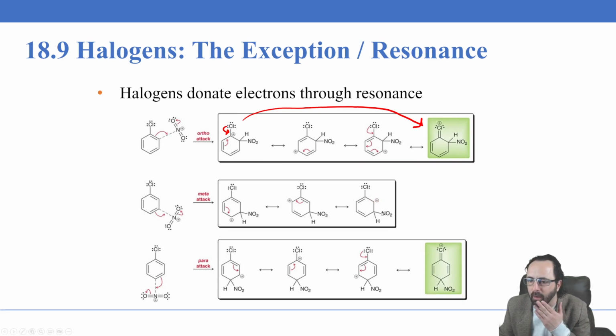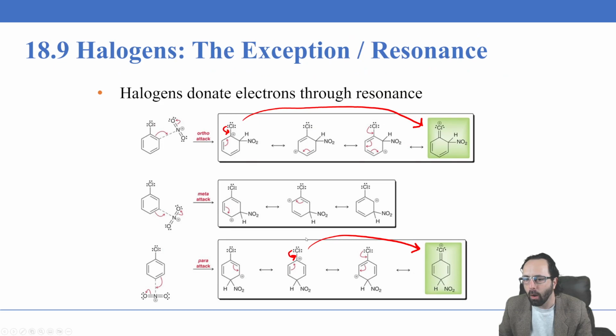But in no cases do we have the opportunity, like we had here with the positive formal charge next to the chlorine, to make this other resonance structure. However, if we have a para attack, then our carbocation will be at the meta position. And here we have an allylic carbocation, which puts our carbocation here at the same carbon as the chlorine. And now we can do this situation where we have lone pair adjacent to a positive formal charge, and we get this additional resonance structure that occurs, further stabilizing the intermediate.